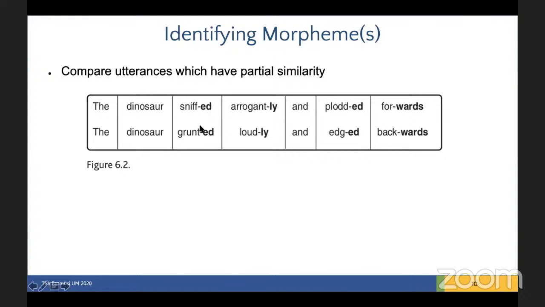Sniffed, grunted, jadi ini sama ya, ini adalah verb yang diberi morfem penanda past tense. Ini juga verb, dan ini penanda past tense, jadi ada kesamaannya ya. And then this is ly, ya, penanda adverb, arrogantly and loudly. Gitu ya, maksudnya seperti itu.